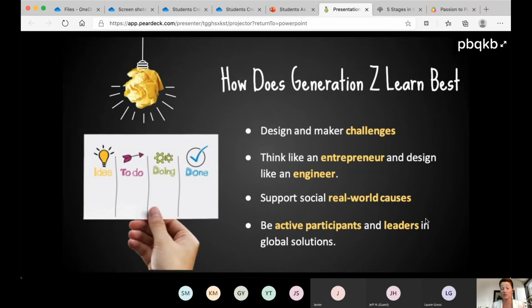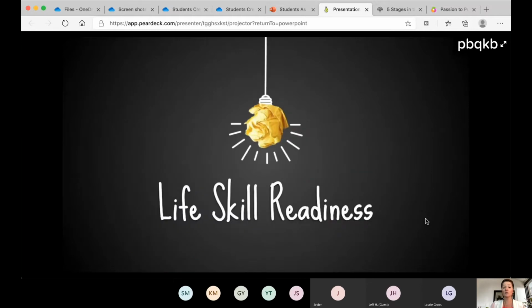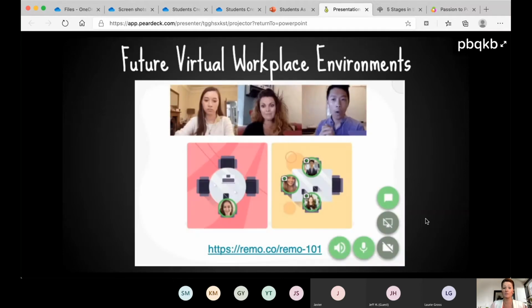Like even now in this challenge of the pandemic, we've got to create these kids that are going to come up with just extraordinary ideas and make them become a reality. And as we know, they do want to support real world causes, and they want to be active participants and solutionists in their learning. So let's look at these life skills and readiness skills that I think are going to really help you to help our students be creators of their futures.